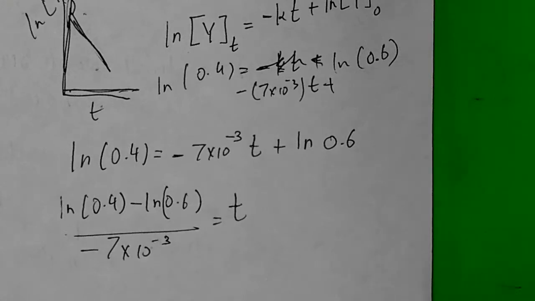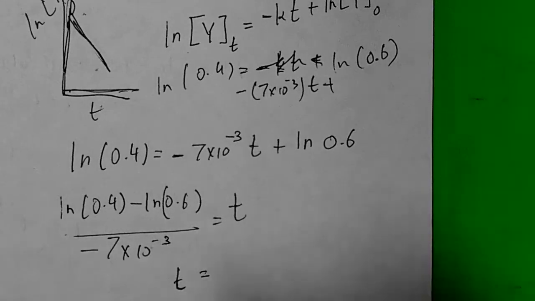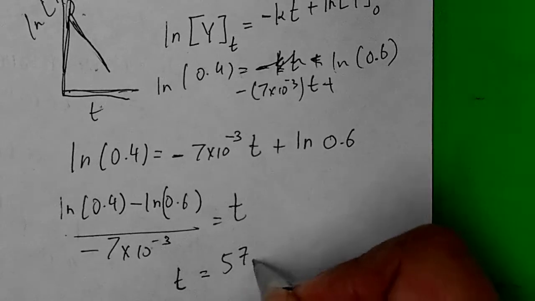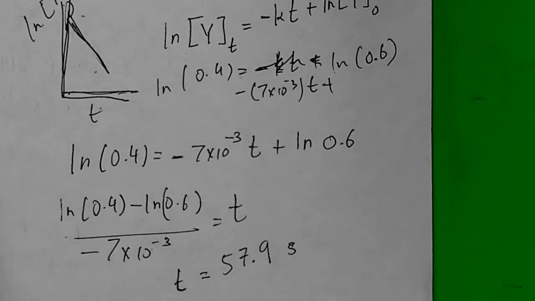Right? ln of 0.4 minus ln of 0.6. Guys, girls, try to calculate this one because it's important that you can get this calculated correctly. So t would be equal to 57.9 seconds.